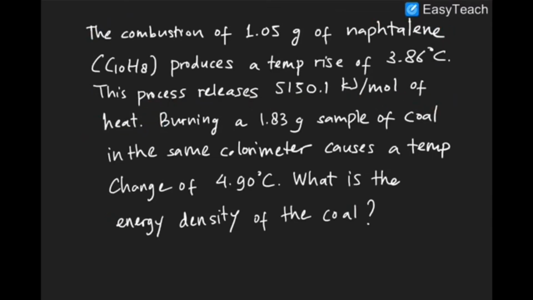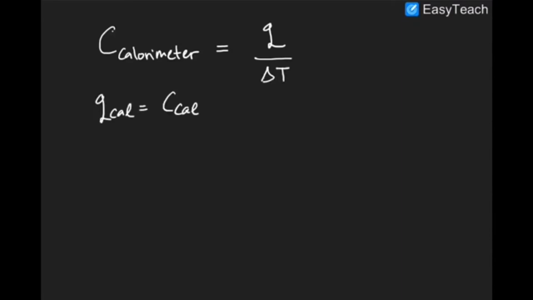So we know for the calibration, we can calculate the C of the calorimeter, which is equal to the Q divided by delta T, because Q of calorimeter is Ccal multiplied by delta T. So we know that combustion of naphthalene actually releases 5150.1 kilojoule per mole.